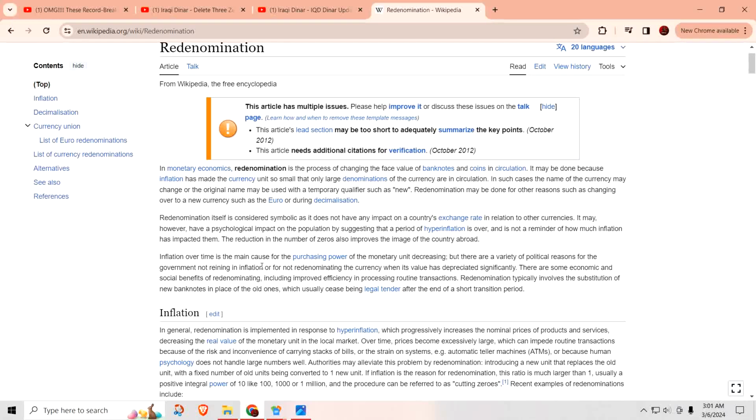Inflation over time is the main cause for the purchasing power of the monetary unit decreasing. But there are a variety of political reasons for the government not reining in inflation and for not redenominating the currency when its value has depreciated significantly. There are some economic and social benefits of redenominating.